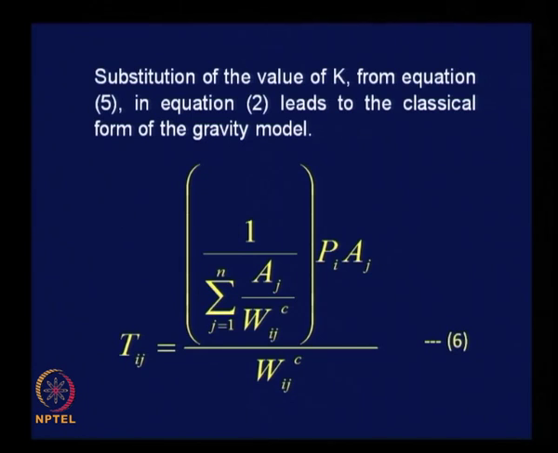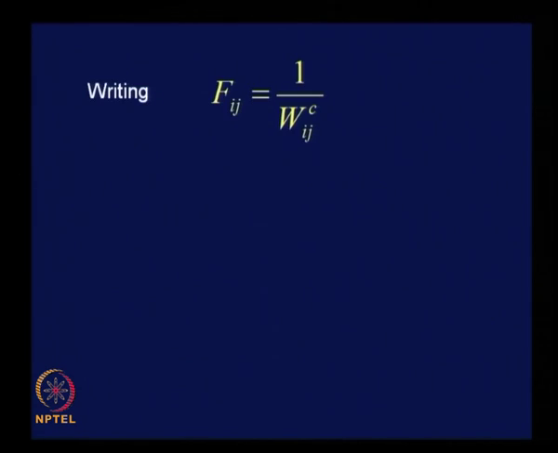Clear? And if you can modify and write the same equation in a compact form, you can take Fij to be equal to 1 by Wij raised to power c. This is just for convenience.